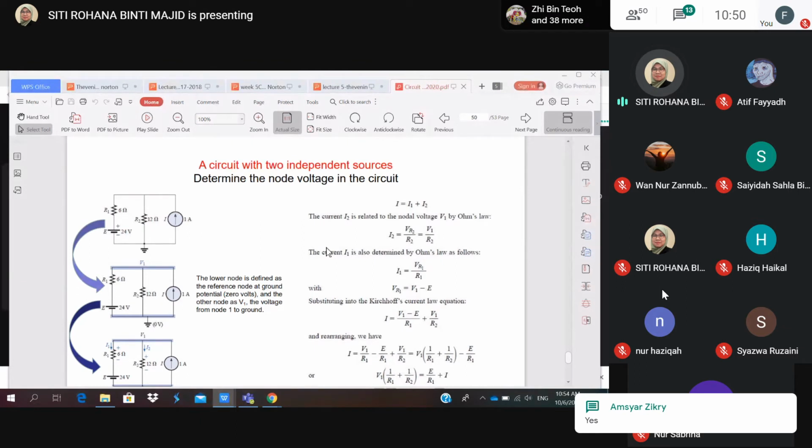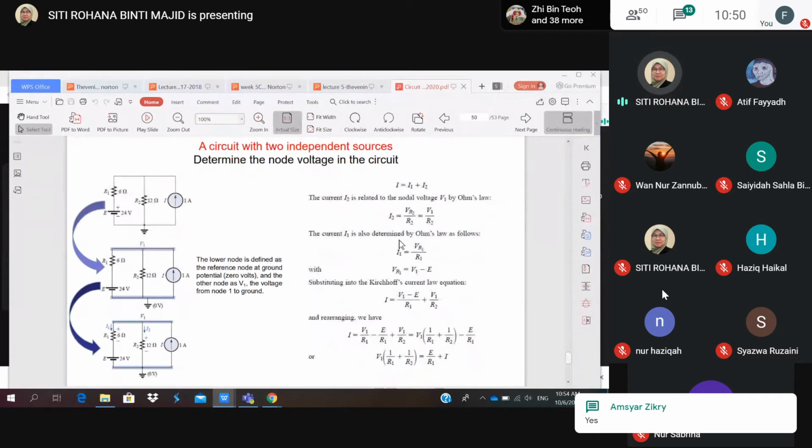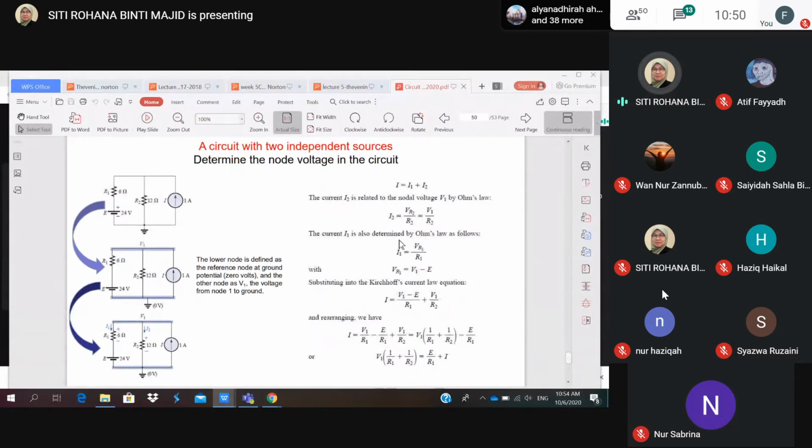Then for this one, we want to determine the node voltage in the circuit. The first step is to get the KCL equation at the node that you want to determine.